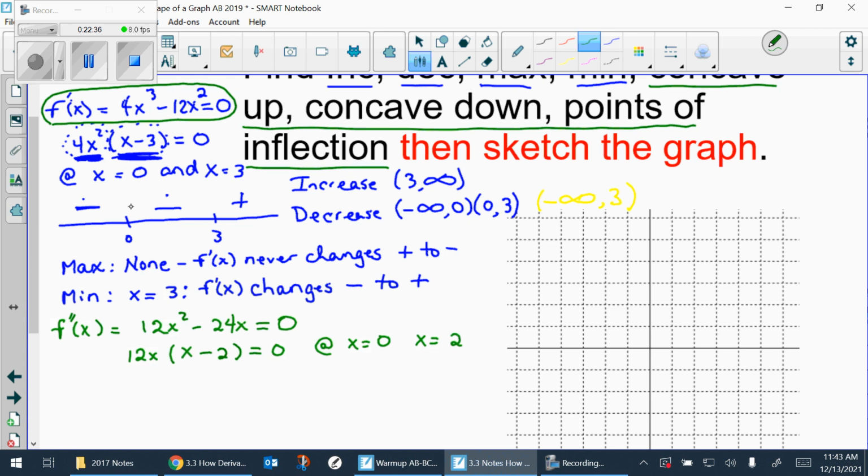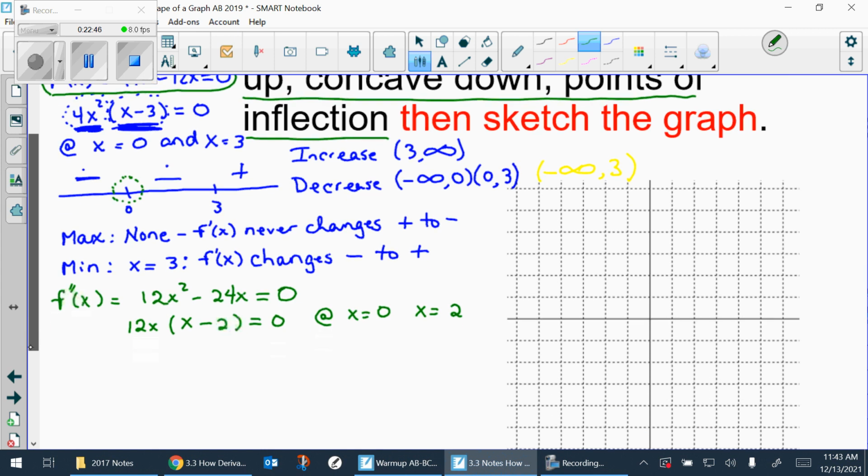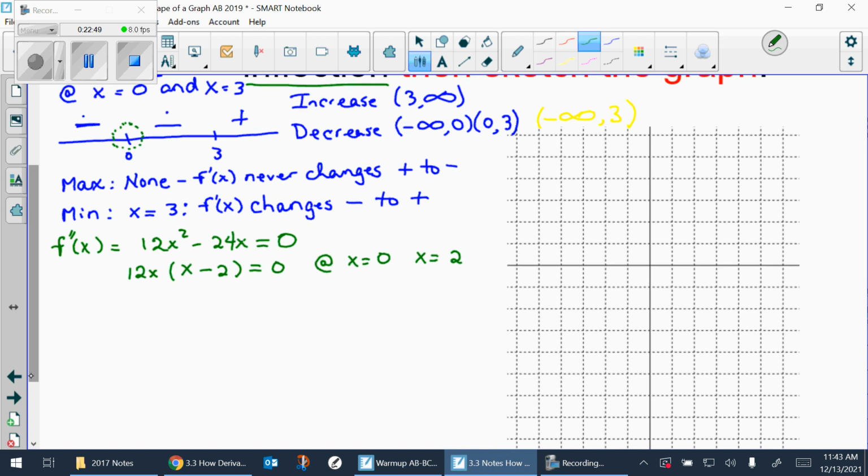You know, which is kind of interesting because back here, we had a critical value of 0, but it wasn't a max, nor was it a min. Maybe we'll find more out about that as we talk about the second derivative. Well, I'm going to make a sign chart for the second derivative. And I'll put my critical values of 0 and 2 on there.